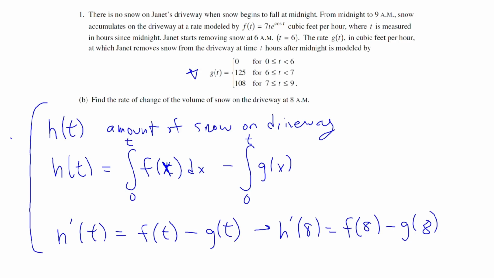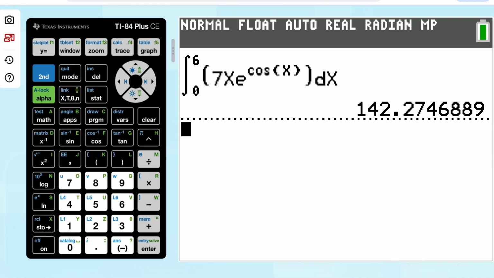But I think it's nice sometimes to have the function itself in case we need it at a later point, which we often do in these rate questions. So we'll just do f of 8 minus g of 8. We can see that g of 8 is 108, so we'll just find f of 8 on our calculator. That'll be 7 times 8, or 56, e to the cosine of 8.